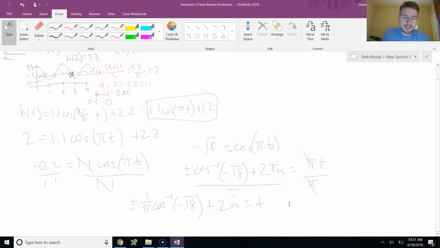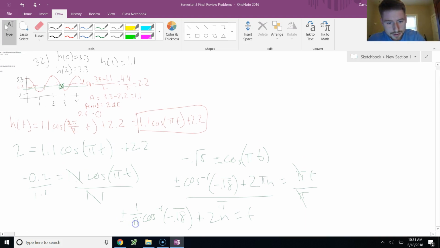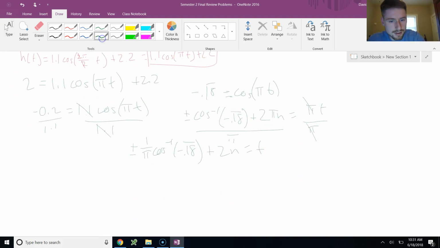Let's go ahead and evaluate this. We have inverse cosine divided by pi. So this would be plus or minus 0.56 plus 2n is equal to t. And we want the third time. So if we were to sketch these out, we'd have to start plugging in different values of n.